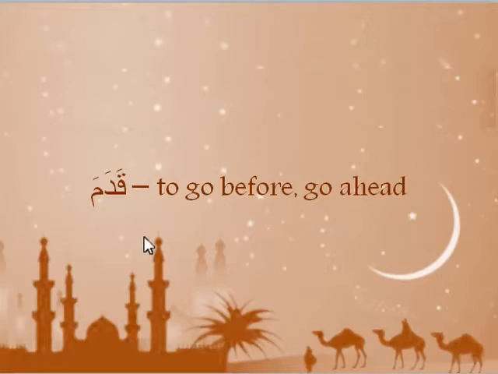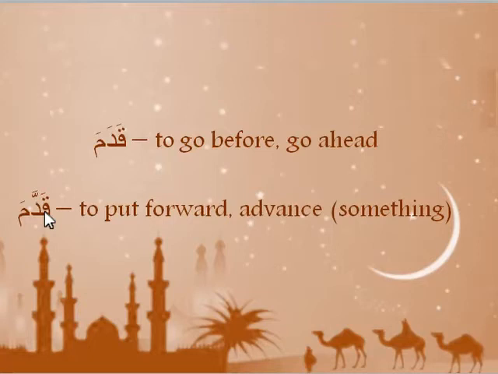That's no problem. If this is our basic measure 1, I'm going to ask you, what will the measure 2 be? How will we form it? Easy enough. What will it mean? Exactly. We're going to put a shadda here. قدم becomes قدم.